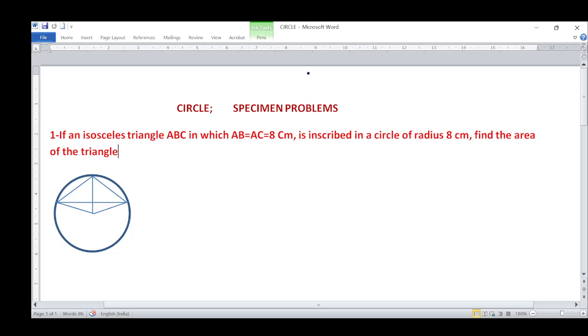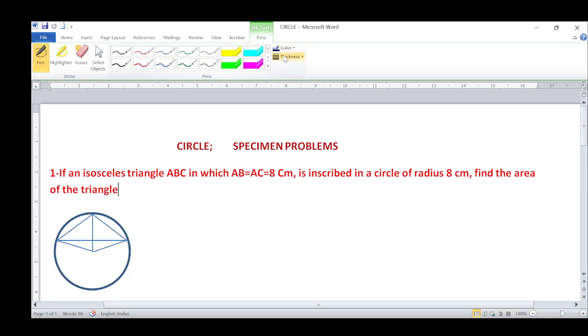let me choose the ink first. Okay. The first problem says, if an isosceles triangle ABC, so let's draw ABC first.